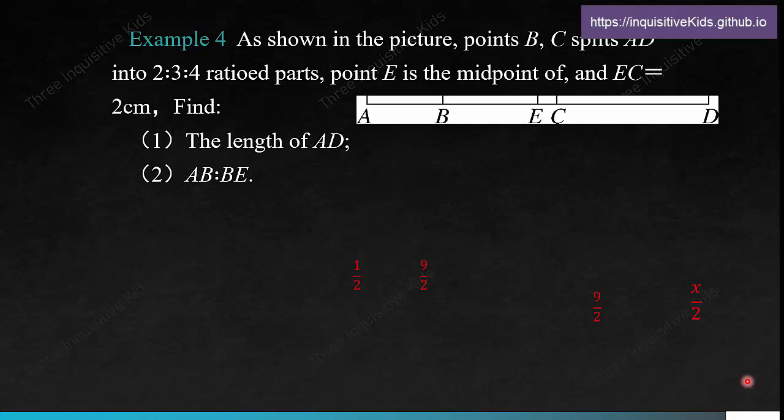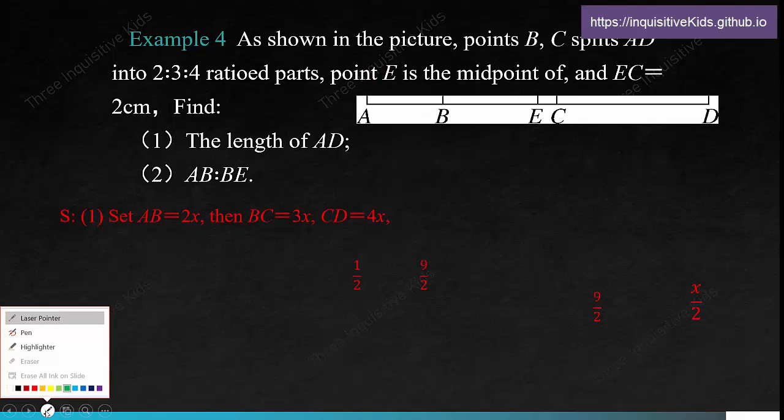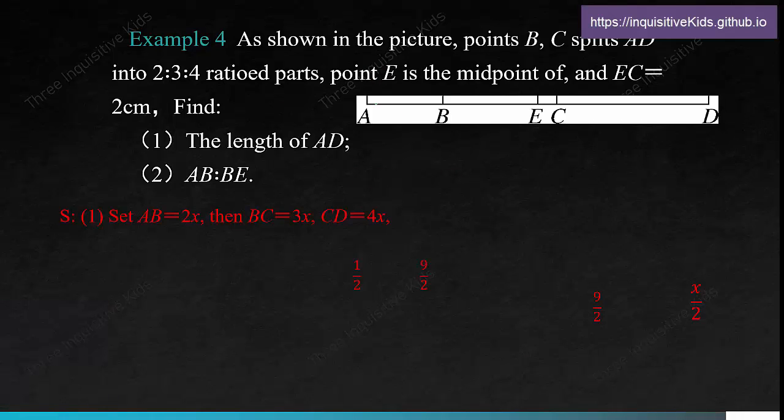Okay, so I'm curious to figure out what you thought. Well, the solution is, first we set AB as 2x. AB is 2x. BC is 3x. And CD as 4x.